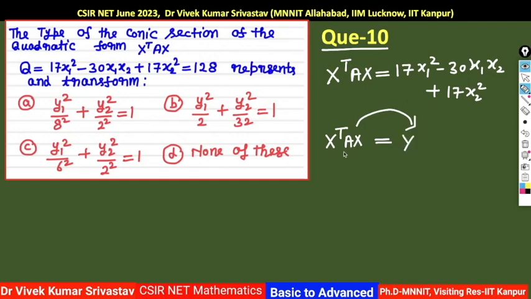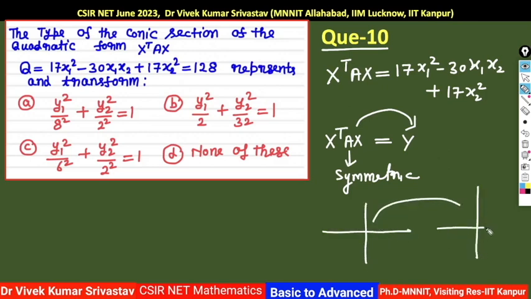Basically it is nothing but we can find out the similar matrix, right, corresponding to this A matrix. In quadratic form, this matrix A is nothing but a symmetric matrix, right. And we have to transform this. Transform means we have to transform from one form to another form.